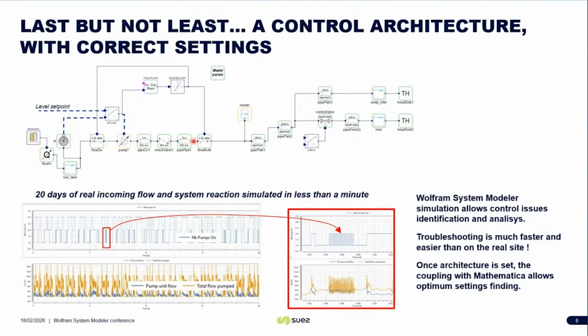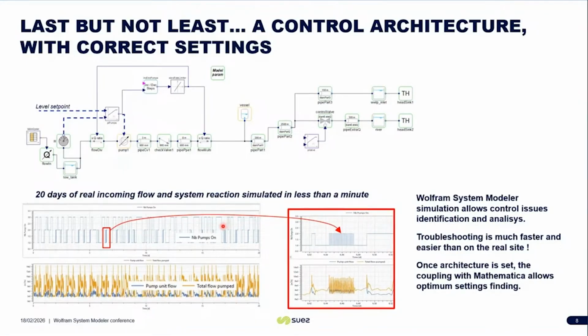But we simulate only 1 pump to have a lighter simulation for very similar results. This block is in fact just starting another pump or stopping a pump depending on the speed of the pump in operation.